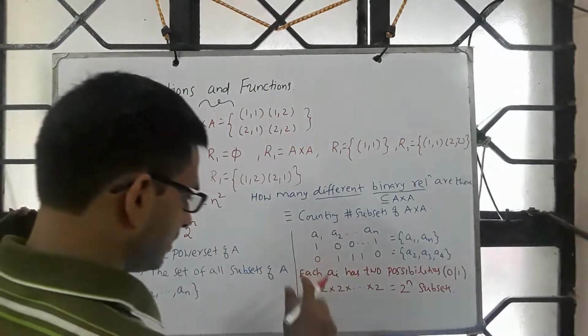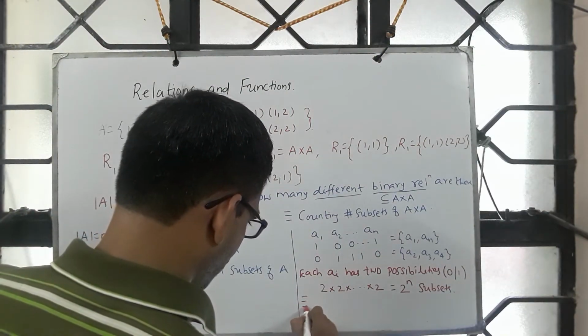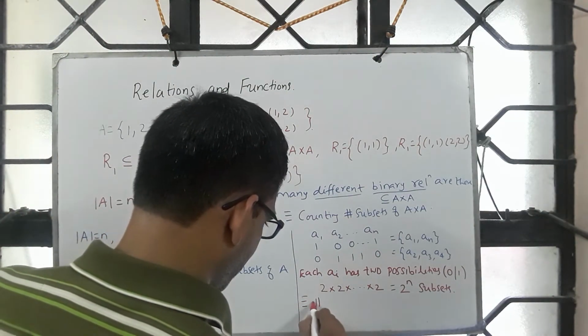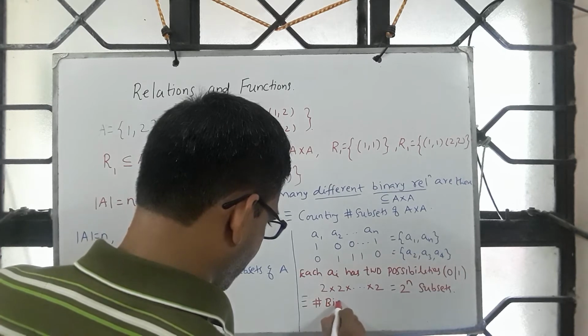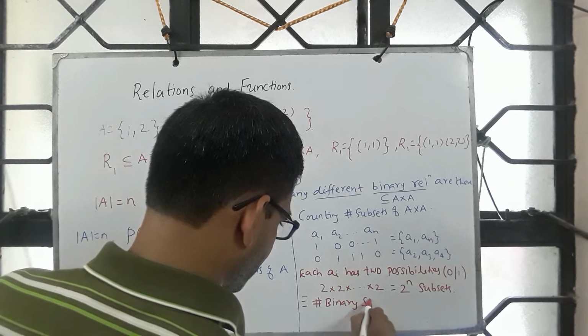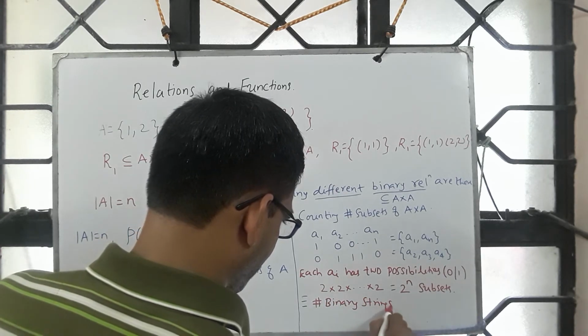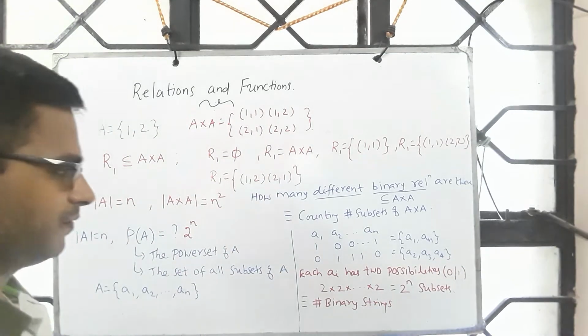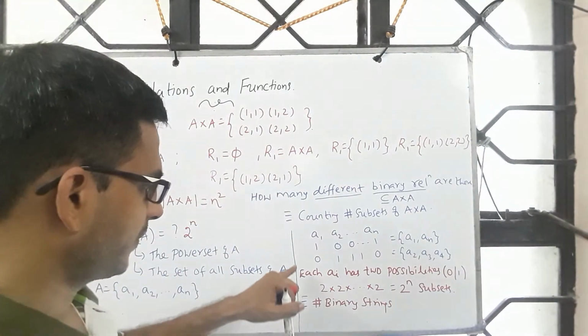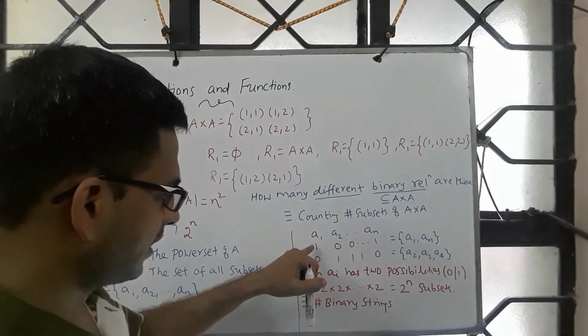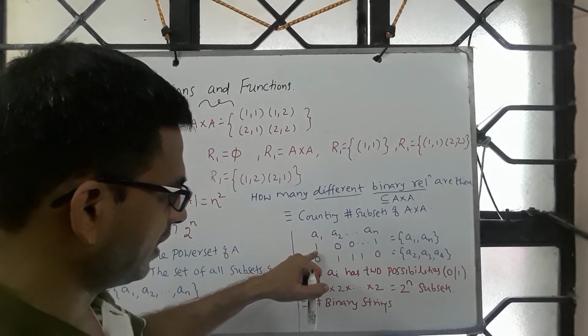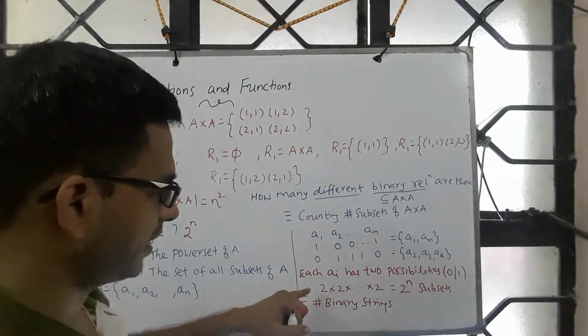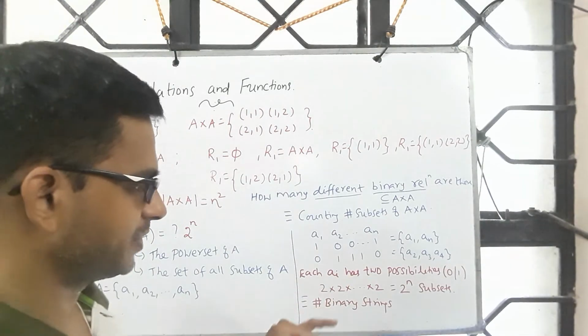So counting this is equivalent to counting the number of binary strings. What is it that we did as part of our counting? We said if an element is present, then it is 1, otherwise it is 0. So you are interested in listing all subsets.